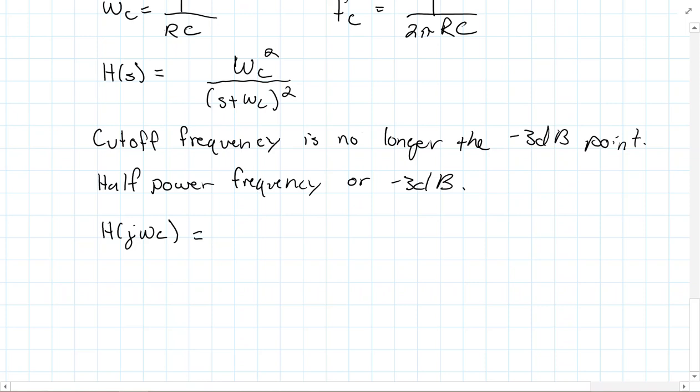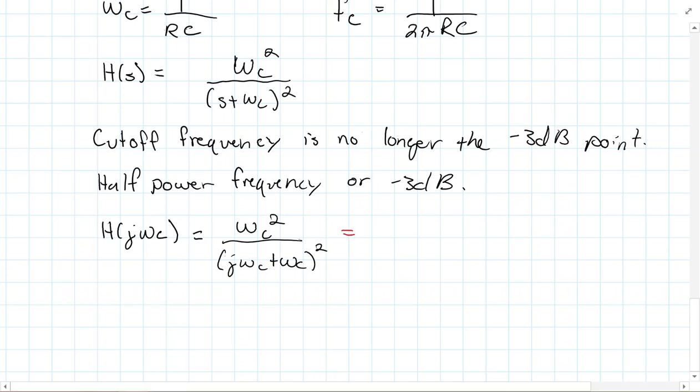Well, this would be equal to omega C squared over j omega C plus omega C quantity squared.